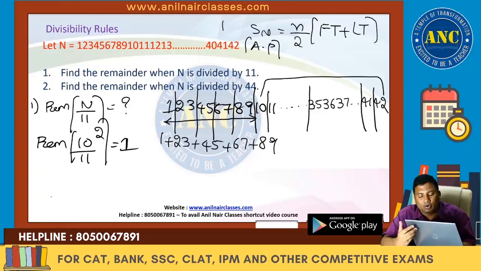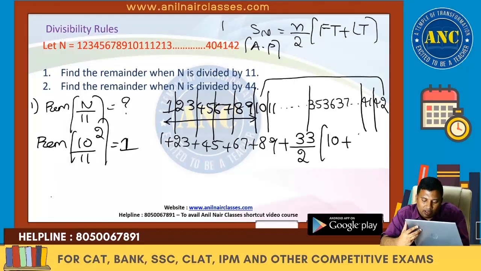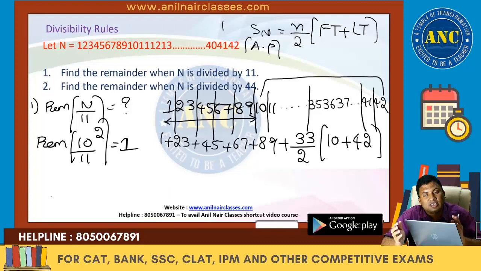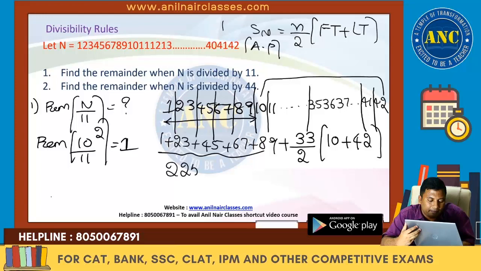From 10 to 42, total there are 33 terms, so 33 by 2 into 10 plus 42. I hope it is clear. 1 plus 23 is 24, 24 plus 45 is 69, 69 plus 67 is 136, 136 plus 89 is 225. Here the entire sum is 225.